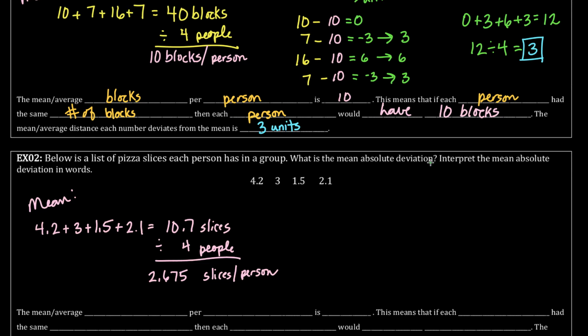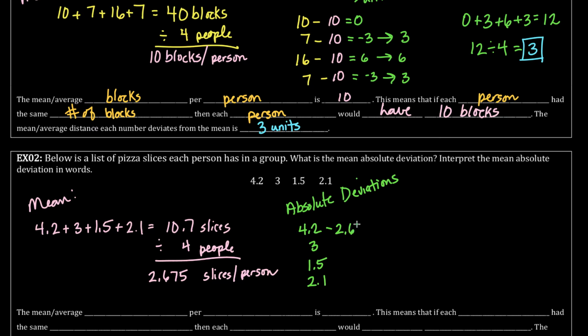Okay, let's do the absolute deviations. So I'm going to take all these numbers, 4.2, 3, 1.5, and 2.1, and I want to see how different they are from 2.675.